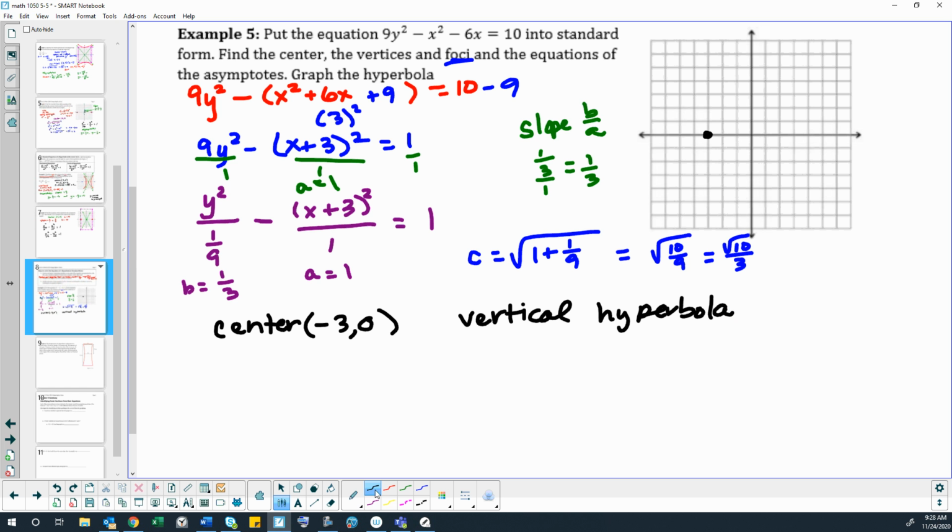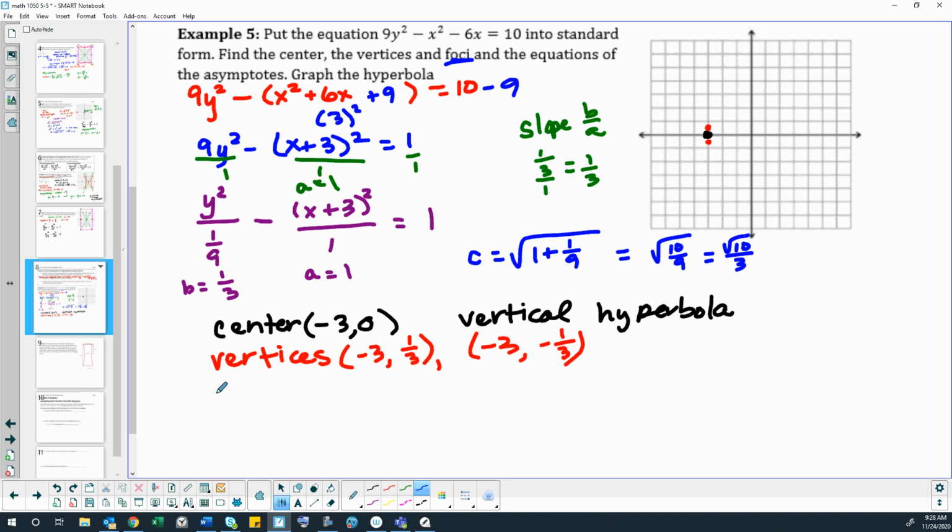So it's a vertical hyperbola. And since we know it's vertical, that means our vertices are going to be up and down from that point. So we'll do one there, and those vertices are located at (-3, 1/3) and (-3, -1/3), because that axis will be vertical.